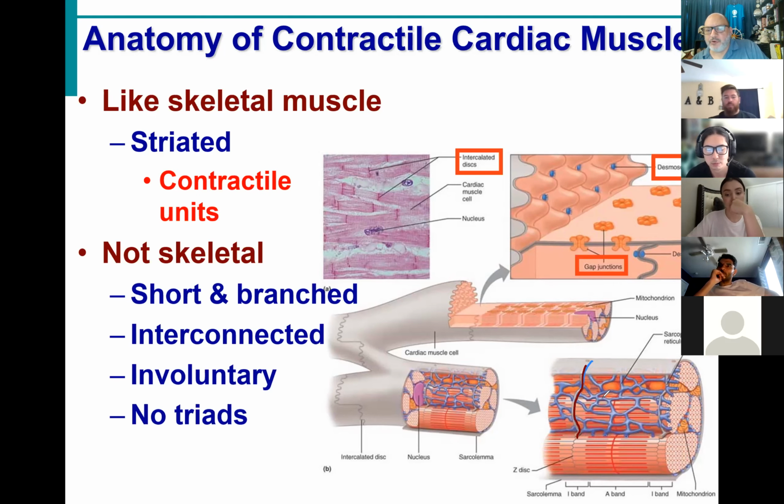Notice our myofibrils are surrounded by the sarcoplasmic reticulum. What did the sarcoplasmic reticulum do again? Release calcium. Store and release calcium, absolutely.